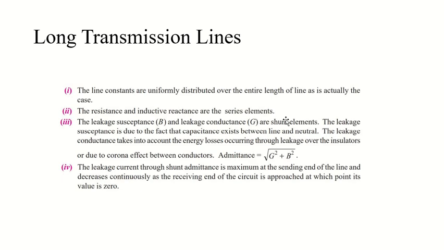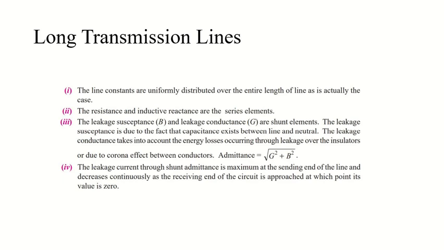So come here and see what is the first point. The first point is the line constants are uniformly distributed over the entire length of my line, as it actually is. So the first point which we consider is actually not only a point, it is a fact. It is not an assumption like we took in short and medium transmission lines.